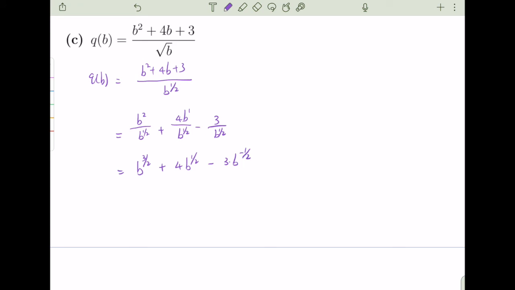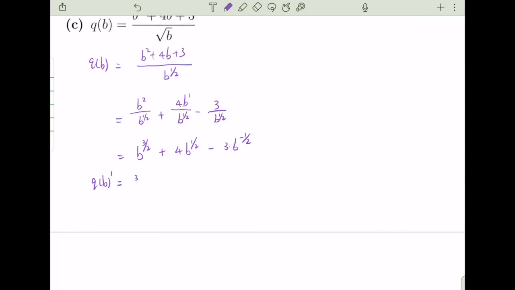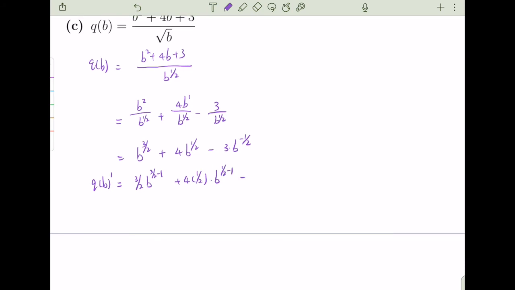And apply the power rules to find the derivative of each term. This is 3 over 2, b to the 3 over 2 minus 1, plus 4 times the 1 over 2 here, b to the 1 over 2 minus 1, minus 3 times this negative 1 over 2, b to the negative 1 over 2 minus 1.